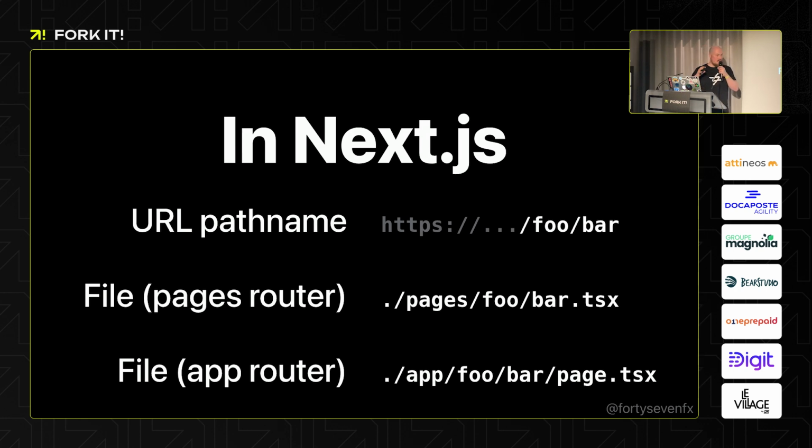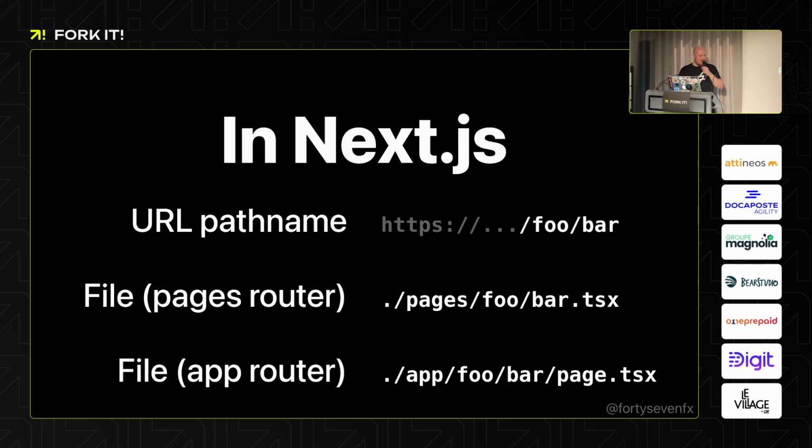I will not go too deep in details on how they work, but they allow you to translate a file on your file system into a route in your URL. So in the pages router, you define it by pages/foo/bar.tsx.